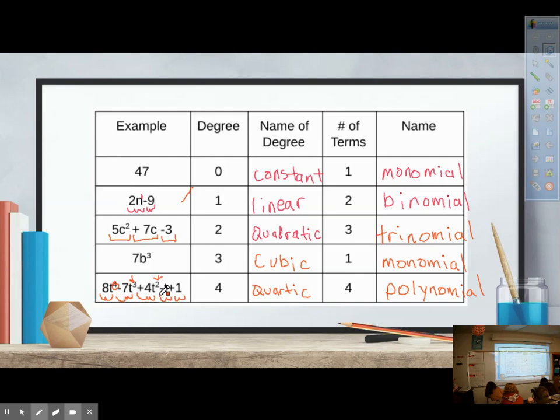Or if I had two pieces of paper and 5 pieces of paper, I can say I have 7 pieces of paper. But I can't add a 3-dimensional object together with a 2-dimensional object. Okay, so that's the same thing here. You can't add a 4-dimensional thing to a 3-dimensional one, or a 3-dimensional to a 2-dimensional. You can't add those together, so we just keep them separate.